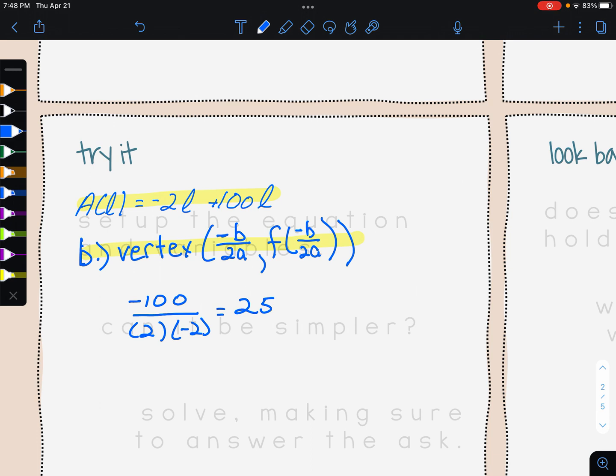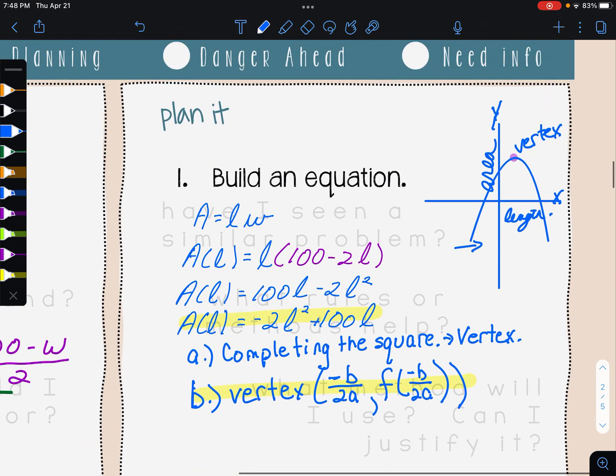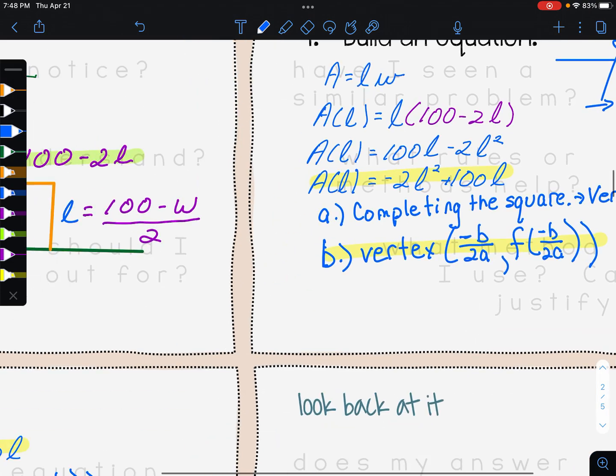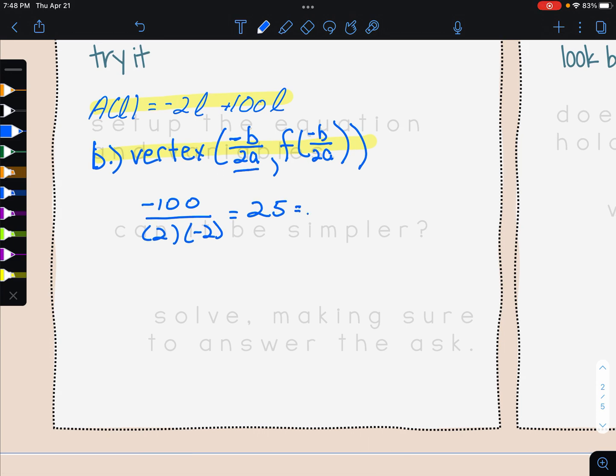So again, remember what that 25 is representing. That's the x of the vertex, and x for the vertex is the length. So when I plug in this length of 25, that should give me the maximum area. All right, so that's our length. Let's make sure we remember that's length, and let's plug it in for area. So we would have A of 25. Do you see what I'm doing?